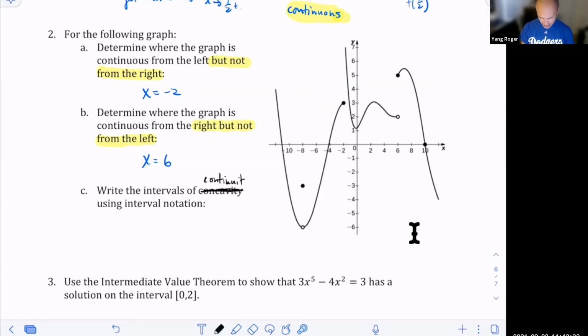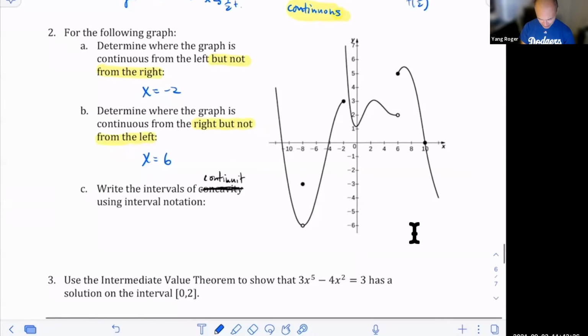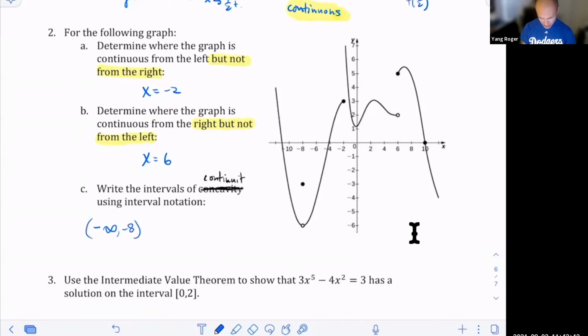And I think I'm going to write those intervals as follows. This is going to go from -infinity to -8. I'm going to use a round bracket. I'm going to put a union, and the next interval is going to go from -8 to -2. And here I'm also going to use a round bracket.